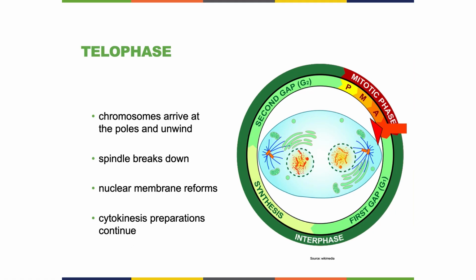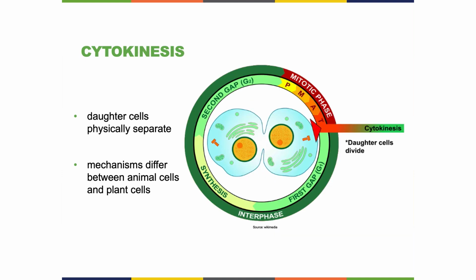In telophase, our chromosomes have made it to the pole. They start to unwind. The spindle breaks down, and a new nuclear membrane starts to form, and then we continue cytokinesis preparations so that we're ready to separate the two cells. And when cytokinesis occurs, that's when physical separation finally occurs. And the mechanism for this, again, is different between animal cells and plant cells.